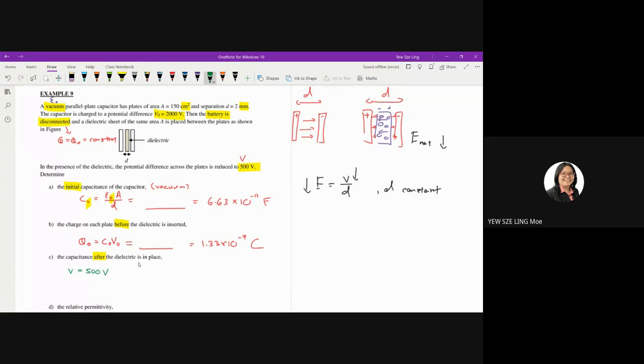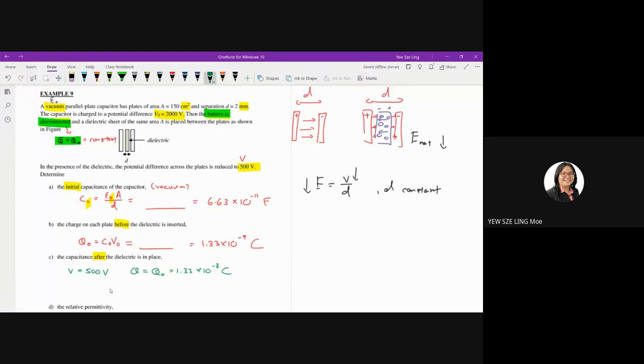Do we have a final Q? Yes, because the question tells us the battery is disconnected, and when the battery is disconnected, Q final equals Q initial, which is 1.33 times 10 to the power of -7 coulomb.